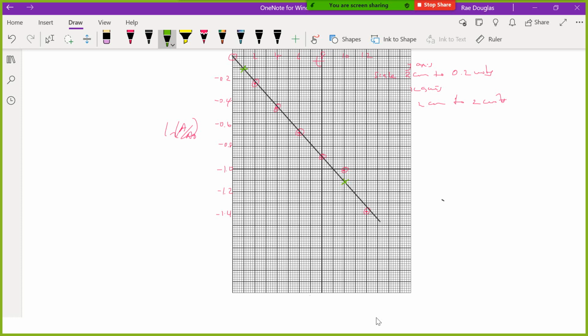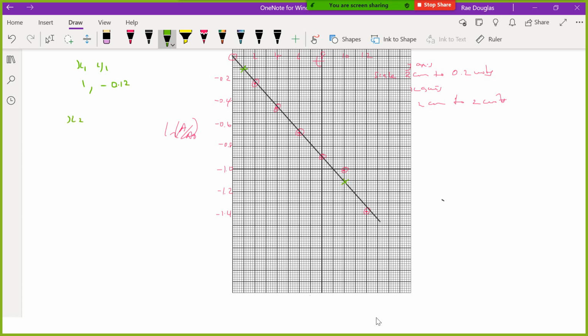So let me see if I can read off the values. We know I need an x1 and a y1 value. So this one I'm going to call my x1, so that's going to be 1. Then for my y value, that's going to be negative 0.1, we put the 0.12 technically.